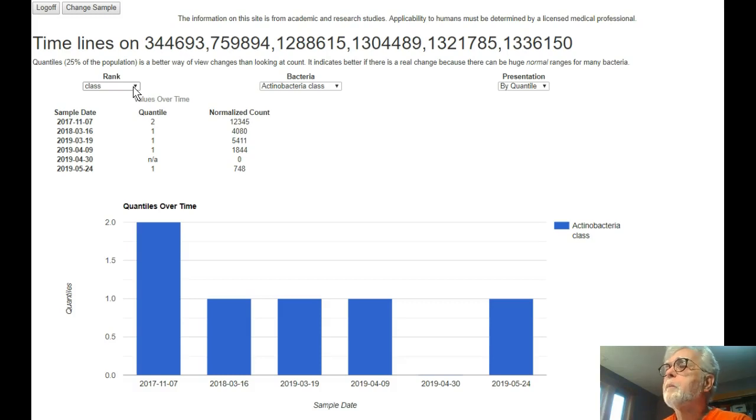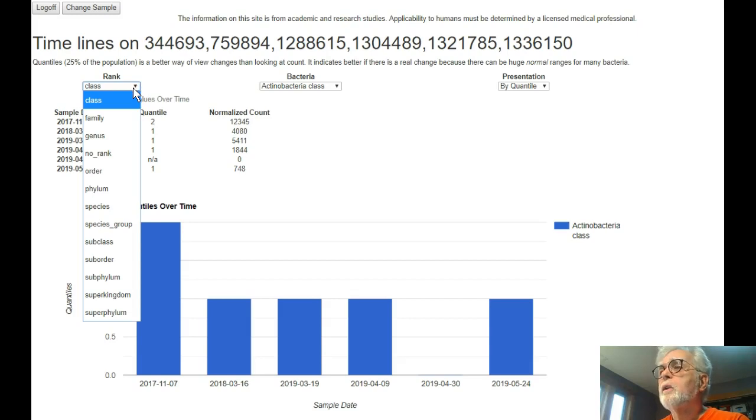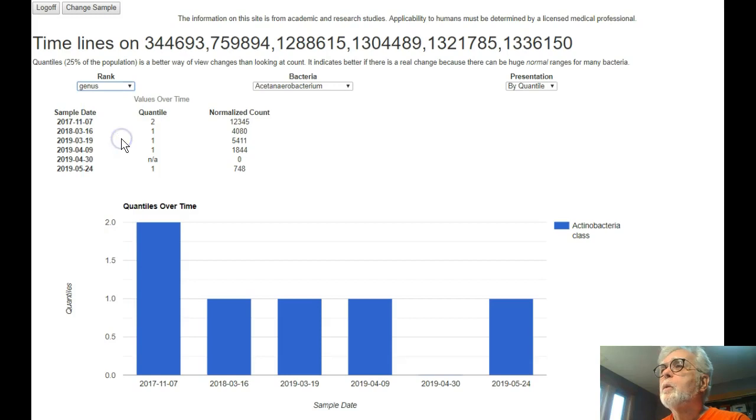Bacteria follows the same thing. The lowest level is the species level, and then it goes up all the way to things like super kingdom. Most of the time people will be working at the genus level. So we click genus, and then the bacteria list changes.